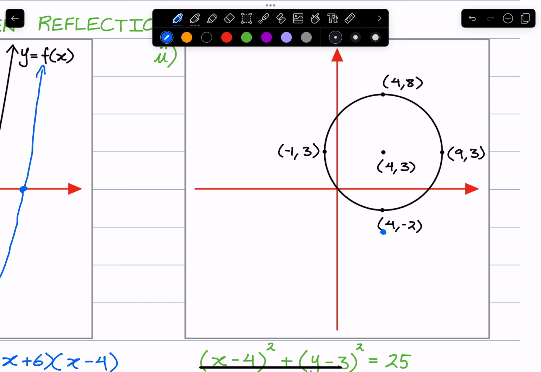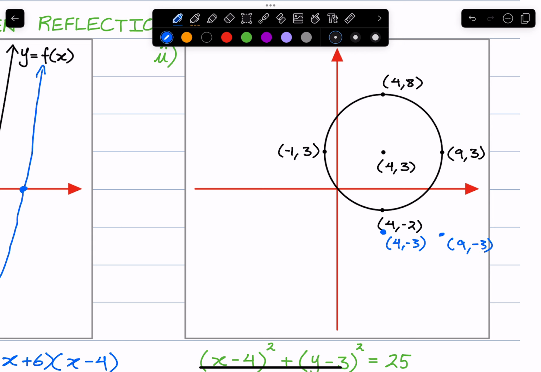So this point here would now become 4, -3. Likewise, this point here, since it's 3 units above the x-axis, it will now be 3 units below the x-axis. So this would become 9, -3.